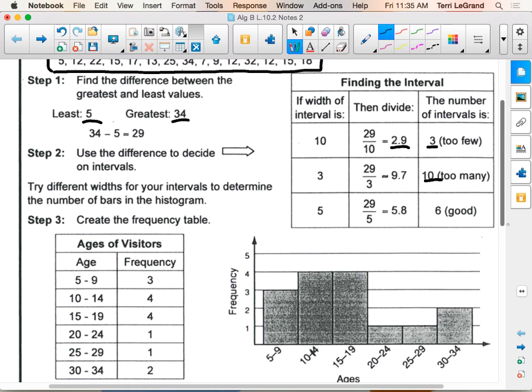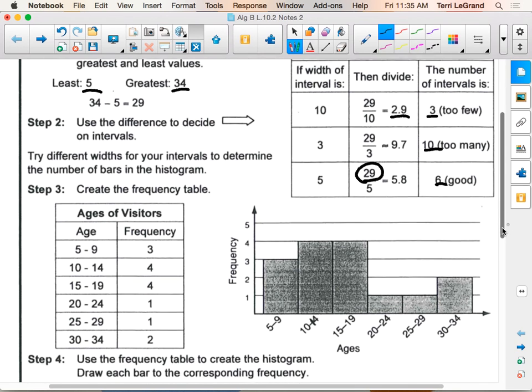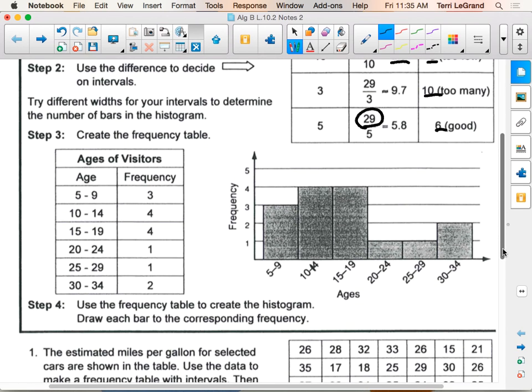So then, what's another number that goes into our number that's close to 30? 5 goes into it. Let's try that one. So 5 would give about 6 intervals. That seems like a good interval. So that's what got decided, that each interval would be 5 units long, so it represents 5 years of age. So Cody, tell me how there come out to be 5 years of age in each of these intervals.